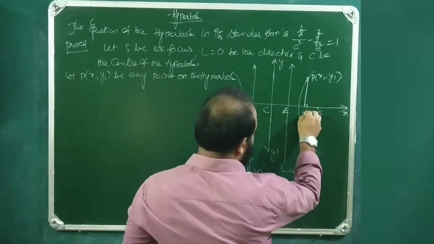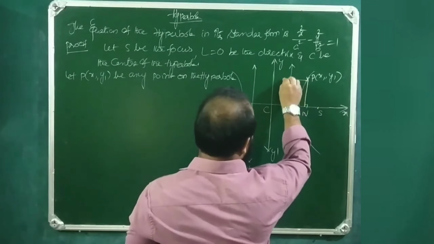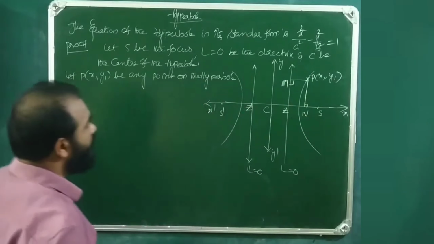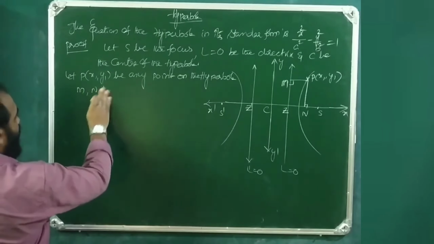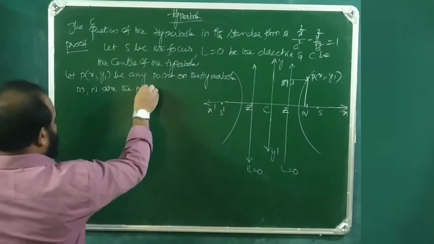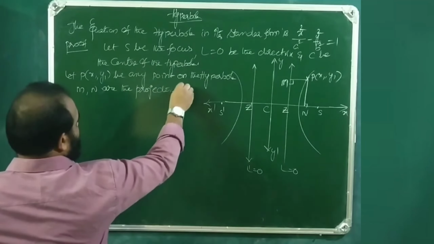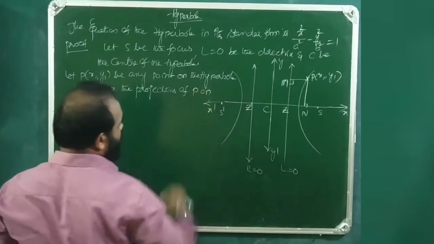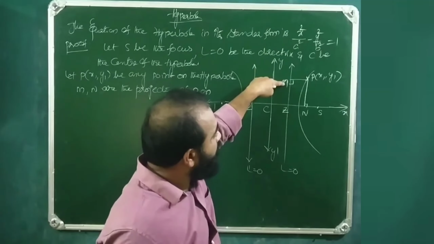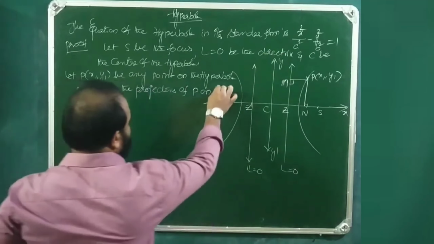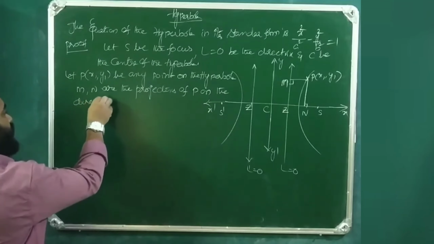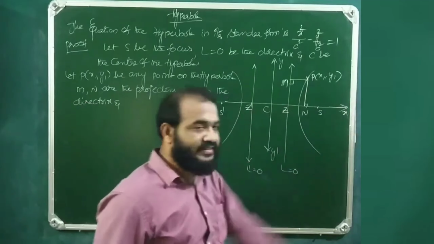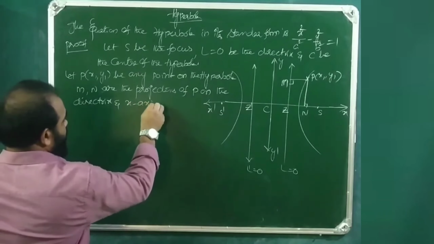This is N and this is M. So M comma N are the projections of P on, M is the projection of P on the directrix, and N is the projection of the same P on the x-axis respectively.